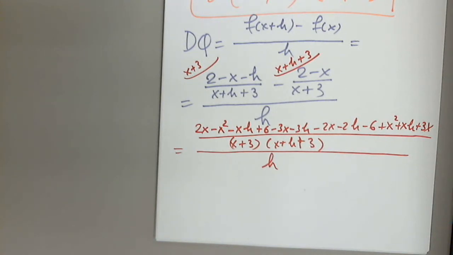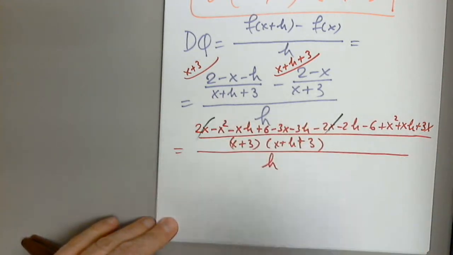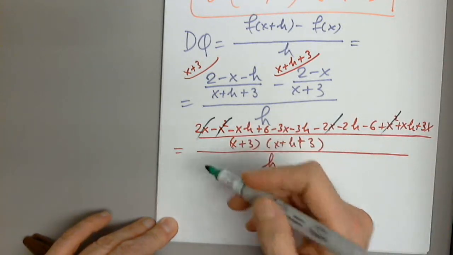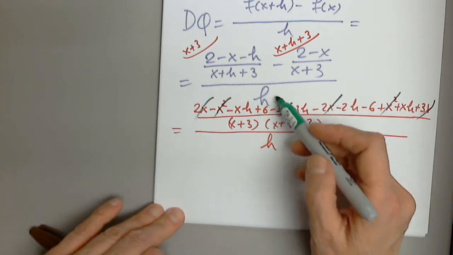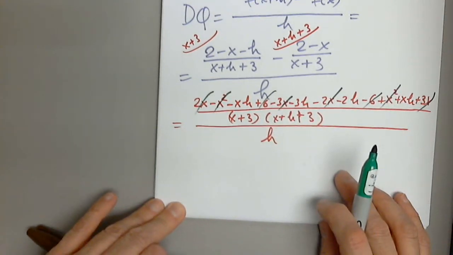I will immediately stop if terms without h don't go away. I will say, oh, oops, I made an error. I'll start from scratch or whatever you want to do. So let's see. 2x with negative 2x, x squared with negative x squared, positive 3x with negative 3x, positive 6 with negative 6.